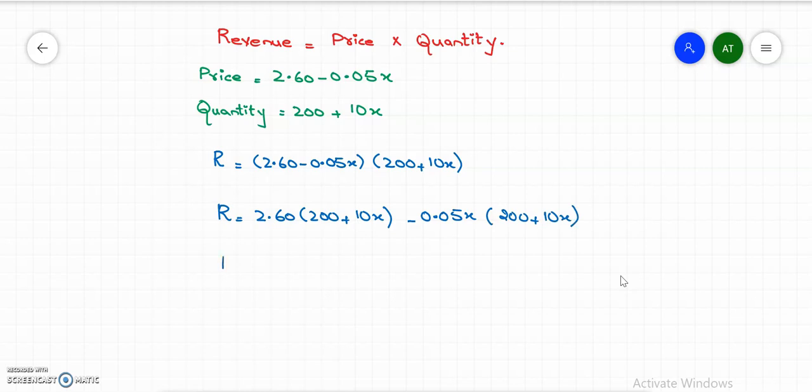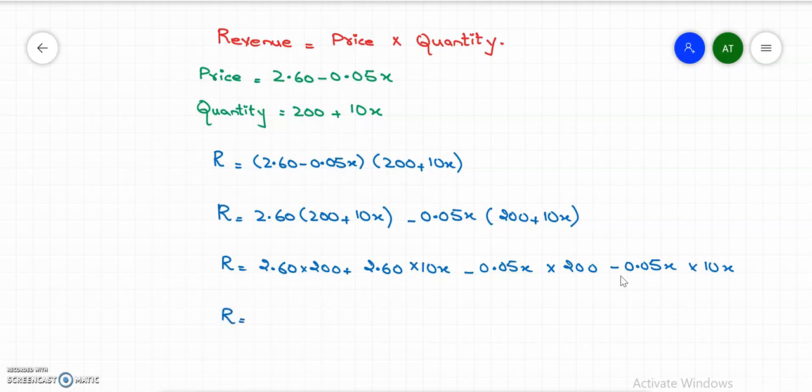Now distribute it further, so the revenue would be equal to 2.60 times 200 plus 2.60 times 10x minus 0.05x times 200 minus 0.05x times 10x.